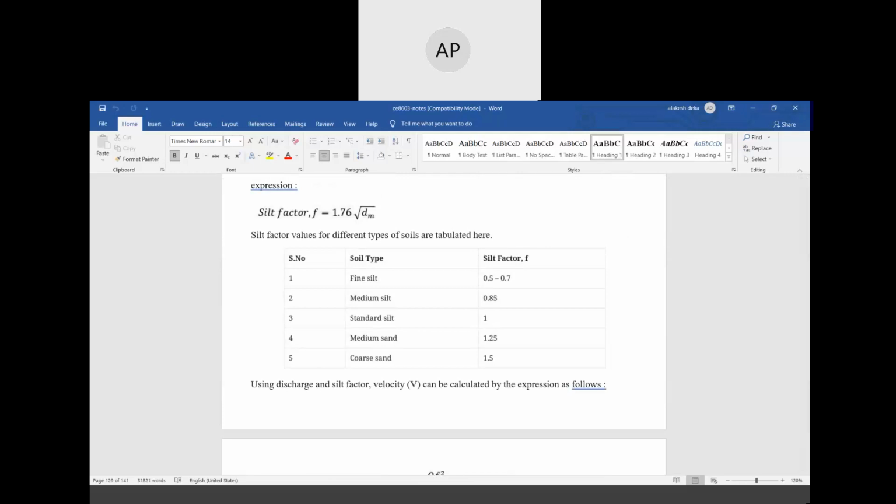Yesterday I shared one set of notes, and in those notes there are some problems related to Kennedy's silt theory and Lacey's silt theory. So go through the notes.